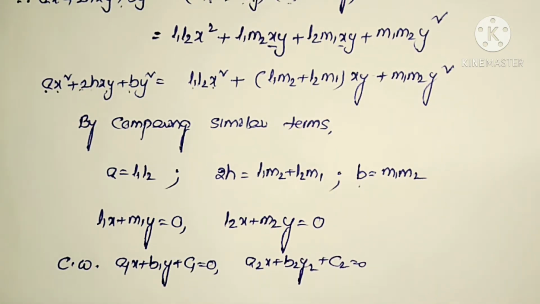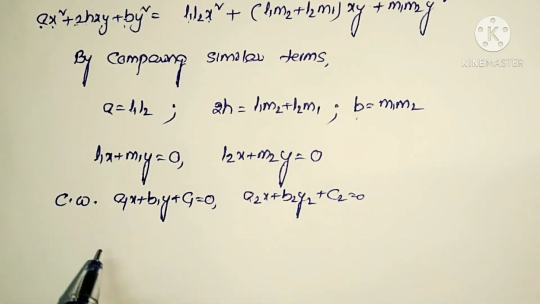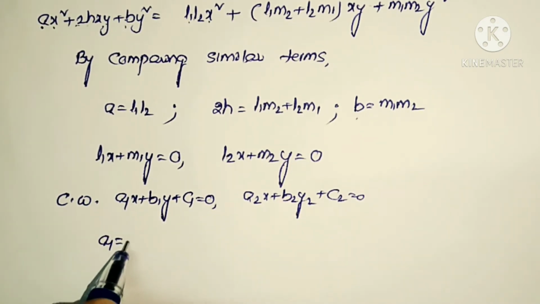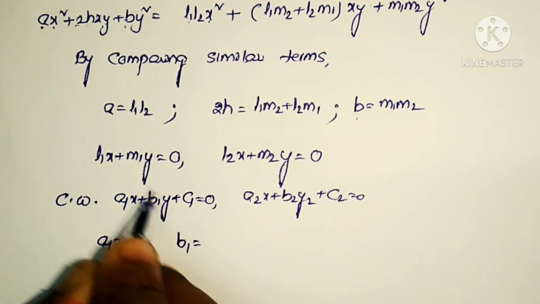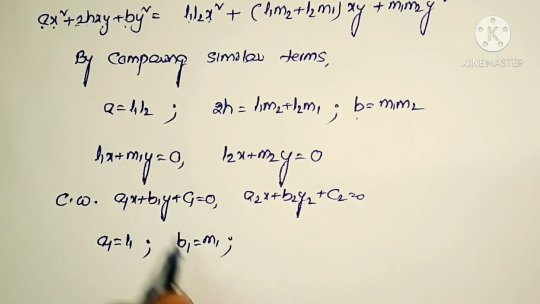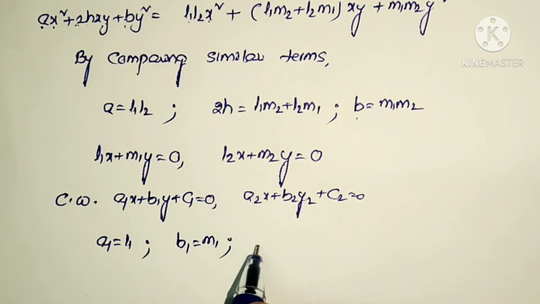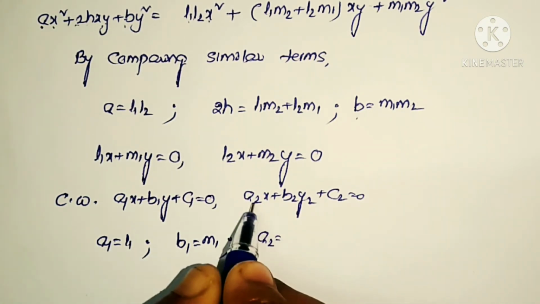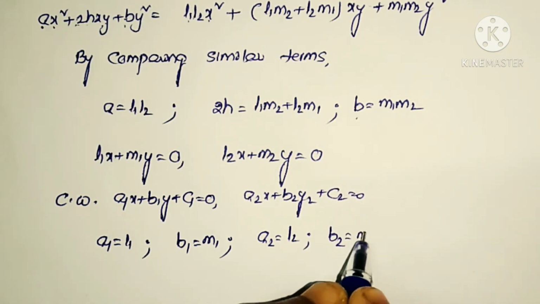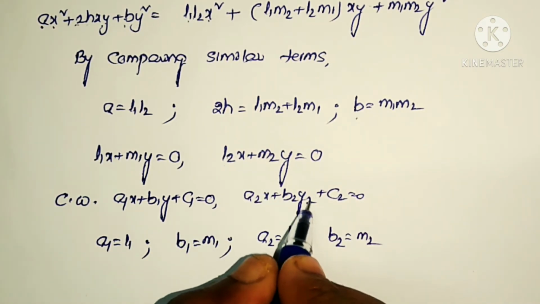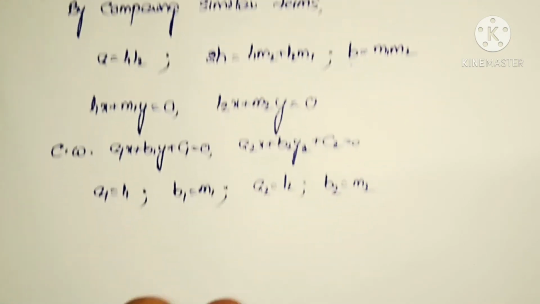And we take the values of a1, b1, a2, b2. a1 is l1, b1 is m1, a2 is l2 and b2 is m2.